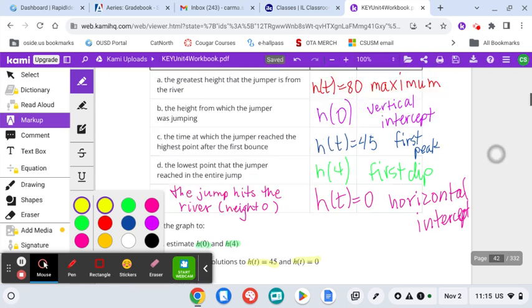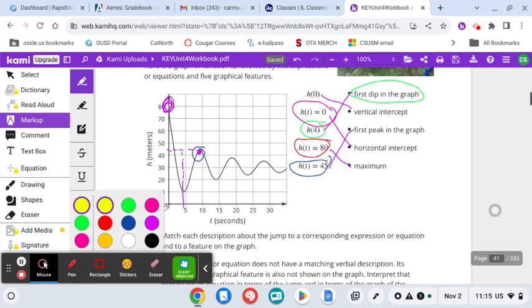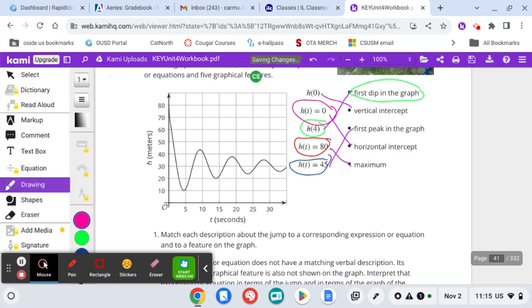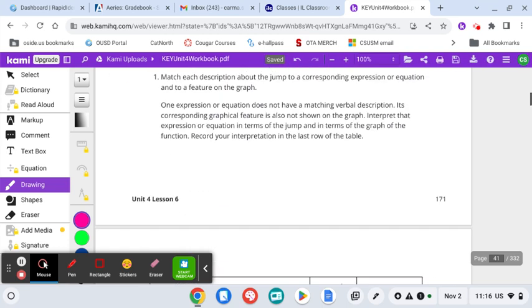Where is h of 0 and h of 4 on this graph? So h of 0 means where the graph has an input of 0, and then we follow it up to the graph, that's at 80. If this coordinate point is 0, 80, h of 0 means what is the y? 80.